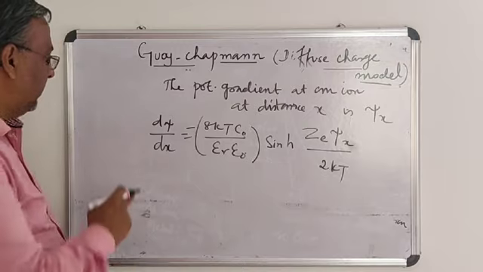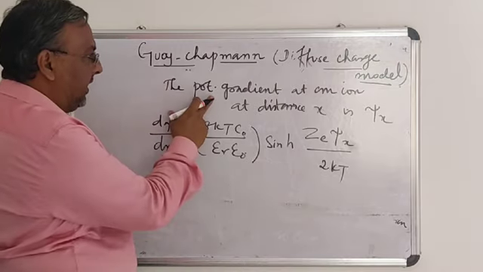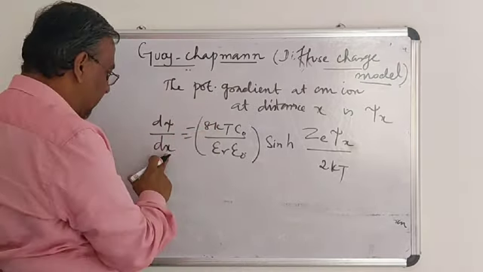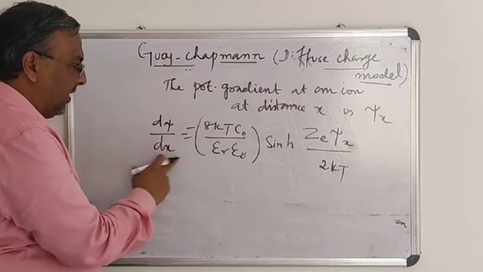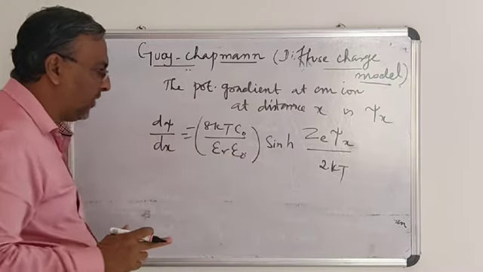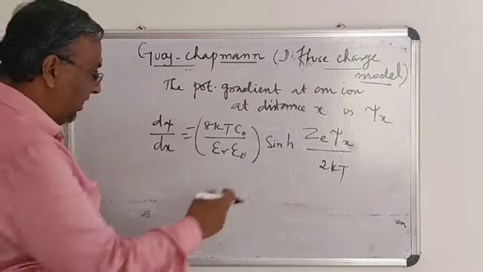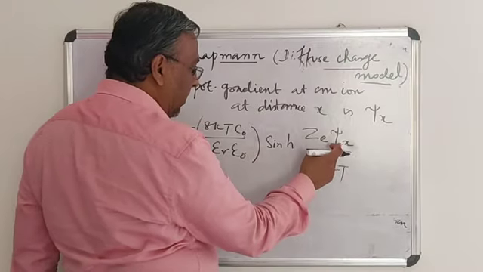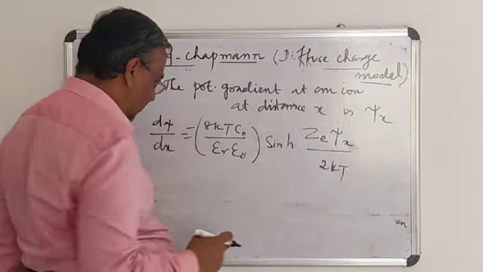That is the rate of change of potential gradient at an ion at a distance x with respect to x is given by this value. And this psi x represents the potential at a distance x.